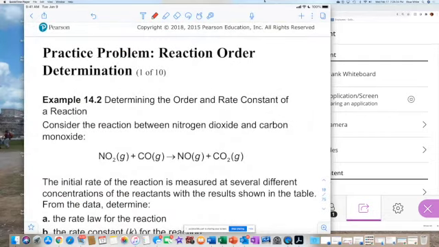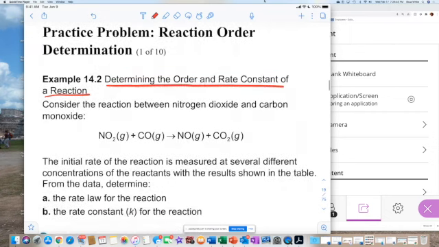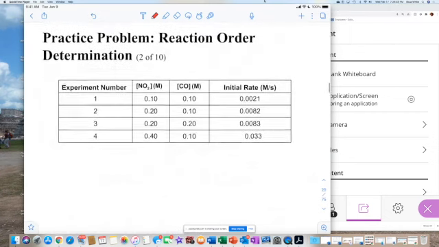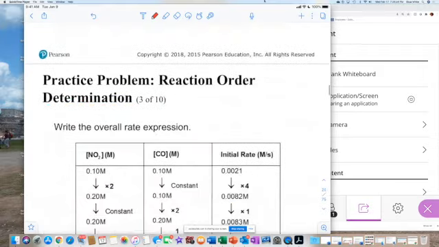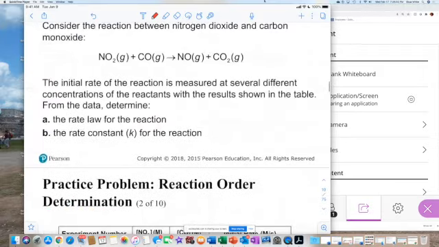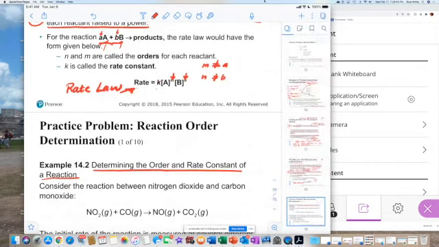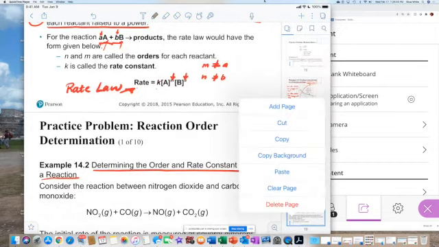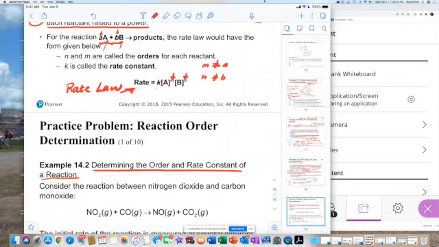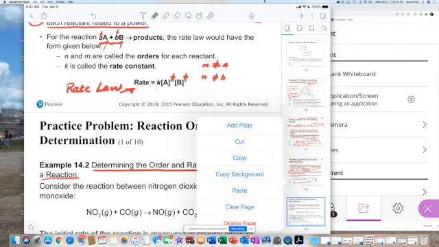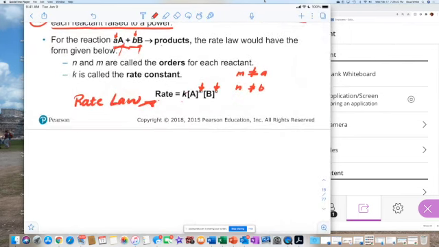So let's go ahead and actually get to a real question where we have data from experiments. Here we're told to determine the order and the rate constant of the reaction. I feel like a lot of slides were skipped for some reason, so I want to go ahead and define what the order of reaction is. m and n are actually called orders of reaction. Okay, so let me go ahead and add a page here and define that.